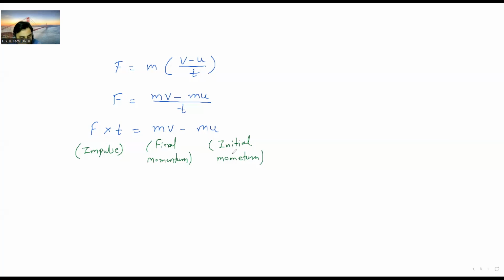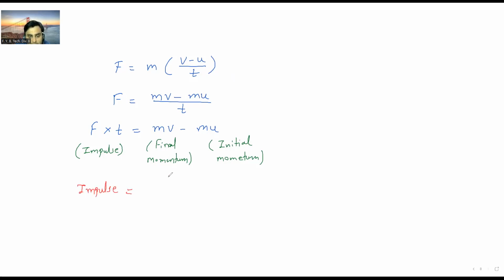So these very small formulas are there. You should know this. So here, this is impulse, but here you can see mv minus mu means what? Final momentum minus initial momentum. So final momentum minus initial momentum म्हणजेच काय? Change in momentum. So here you can write impulse.